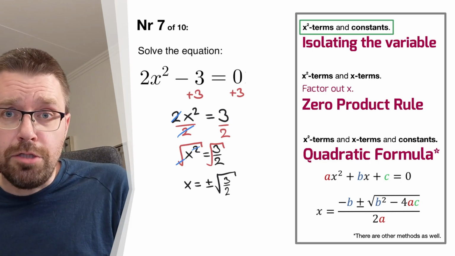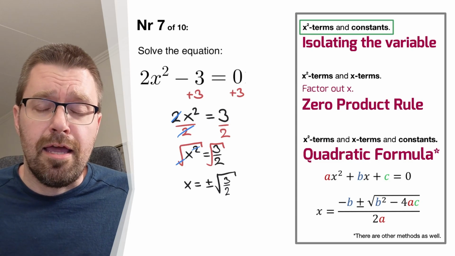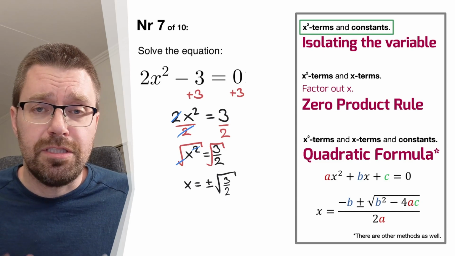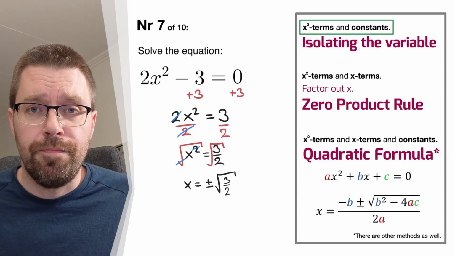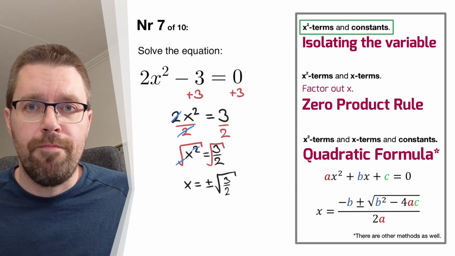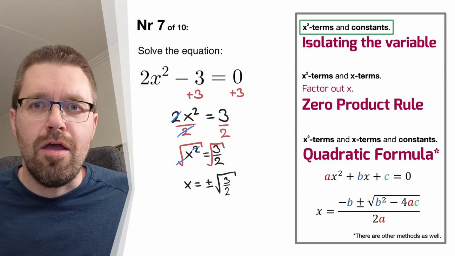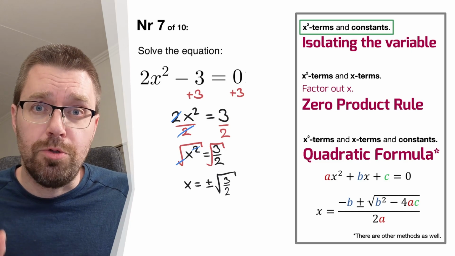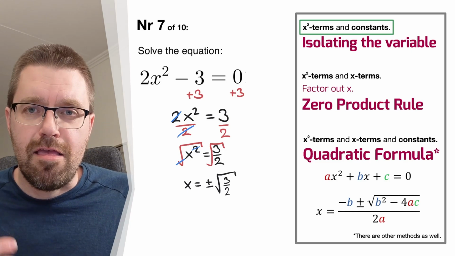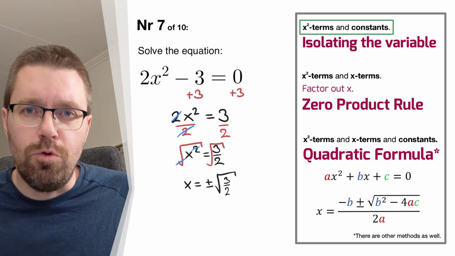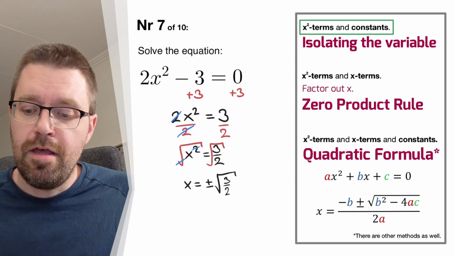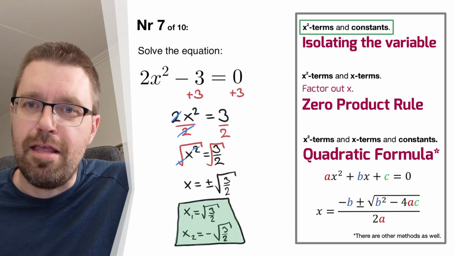If you have a calculator, you can put it in and get an approximate value for this. But this is the exact value, square root of 3 halves, or 3 halves raised by 1 half. Raising a number with 1 half is the same as taking the square root of that number. So the two solutions are these two.